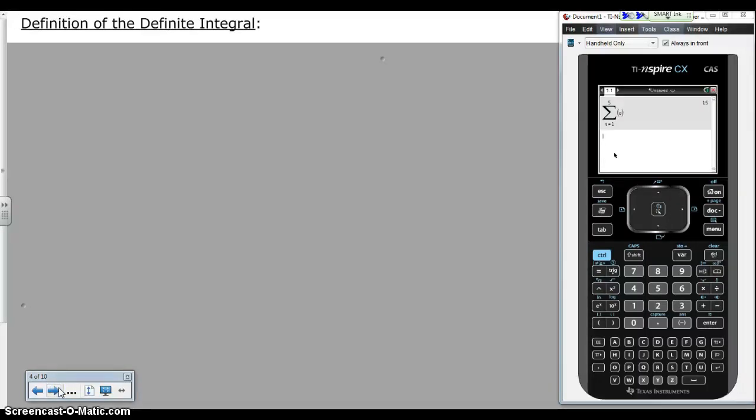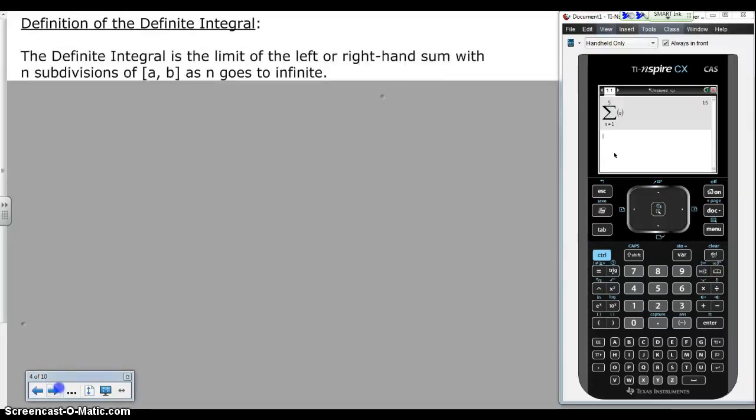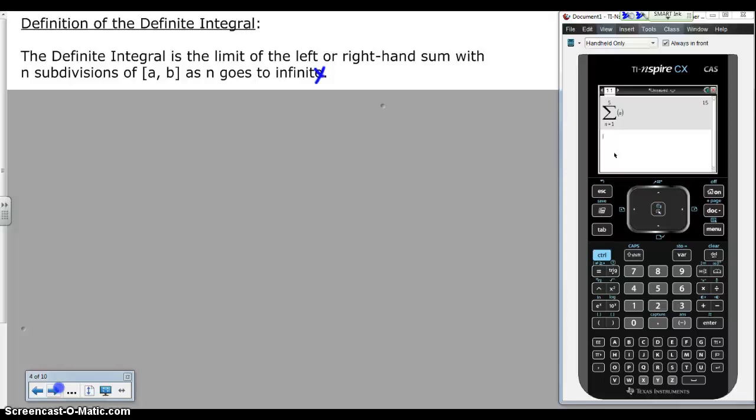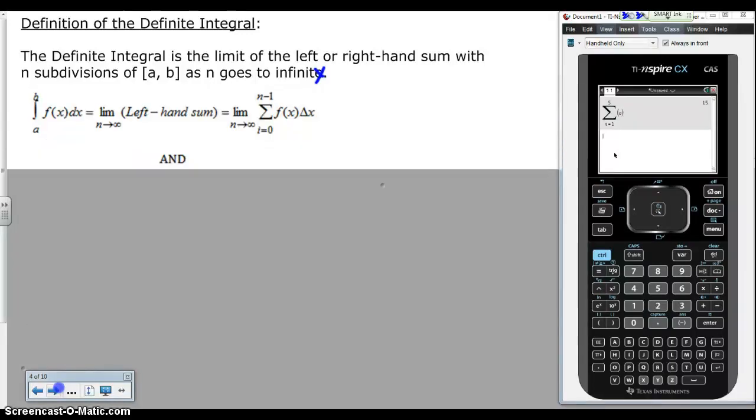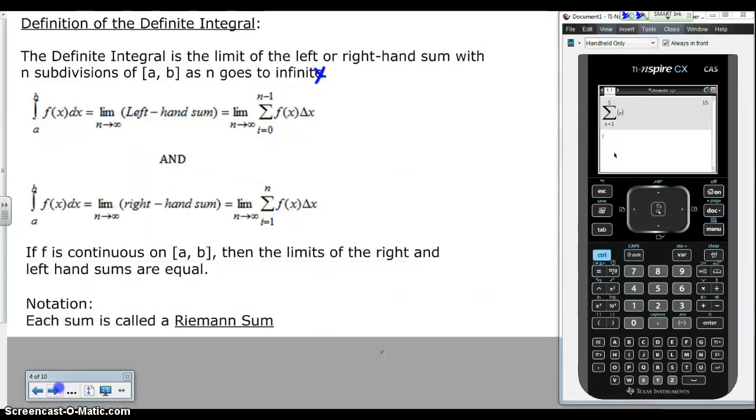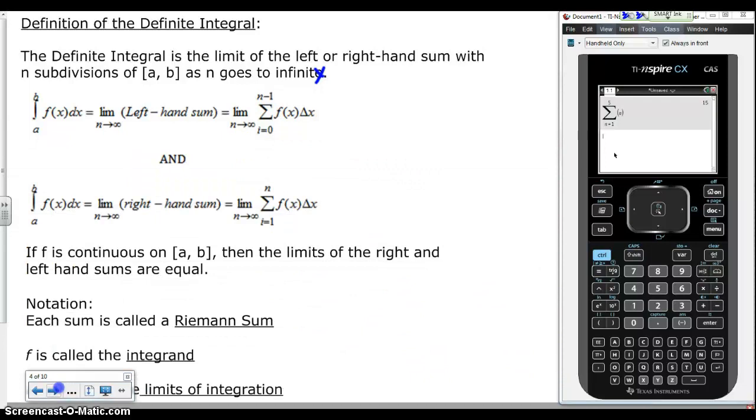So what is a definite integral, really? What is the definition of a definite integral? The definite integral is the limit of the left or right-hand sum with n subdivisions of a to b as n goes to infinity. I know that sounds very confusing, but if you think about it in general terms, a left and right-hand sum estimates the area under the curve of some graph. If I wanted 4 subintervals, I would make 4 rectangles.